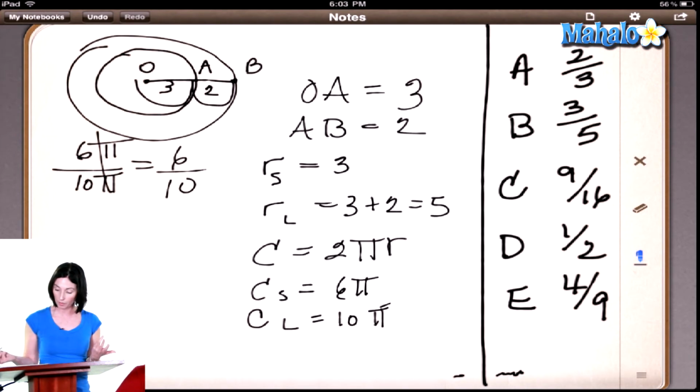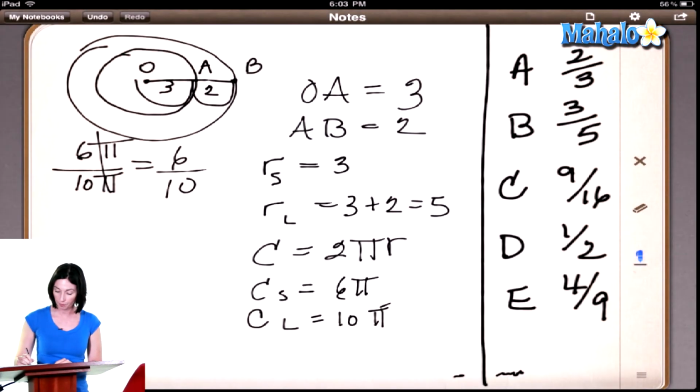Now, is 6 over 10 one of our answers? It is not. So why do you think that's not one of our answers? We need to reduce it. Yeah, we need to reduce it. Answers will always be in the lowest possible form. They won't ever give you an answer that can be reduced. So if you get to this point and you say, oh no, I don't see the answer there, it doesn't mean your answer is wrong.